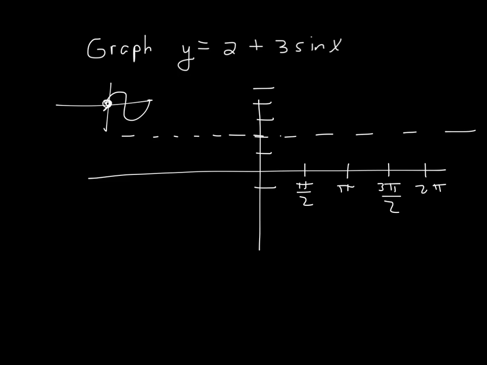And then it looks like this. Center, highest point, back to the center, lowest point, it's right here, and then back to the center. So that graph's going to look like that.